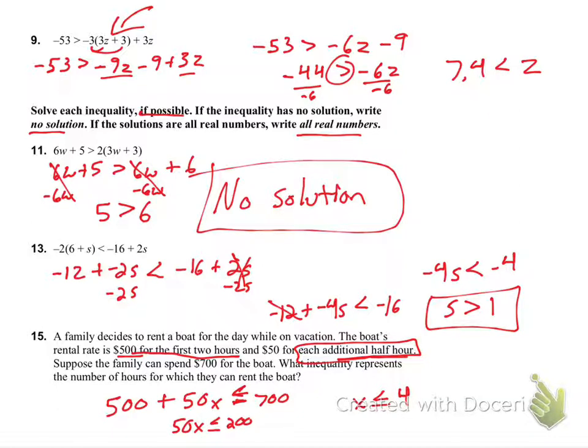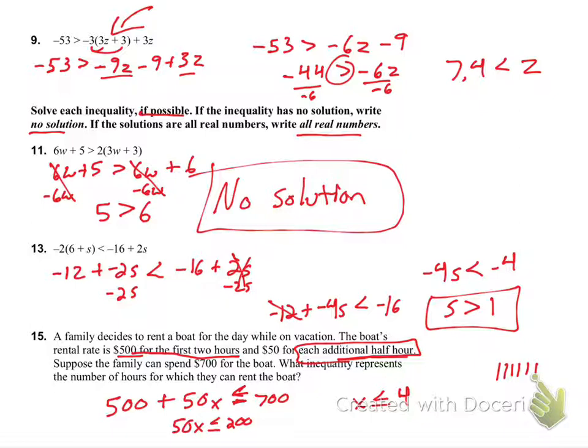And then we can just check our answer. So let's say for the first 2 hours, that's hour 1 and hour 2, that'll be $500. And if they have $50 for each additional half hour, that means they have an extra $200 left after the first 2 hours. So we're at 500, 550, 600, 650, 700.